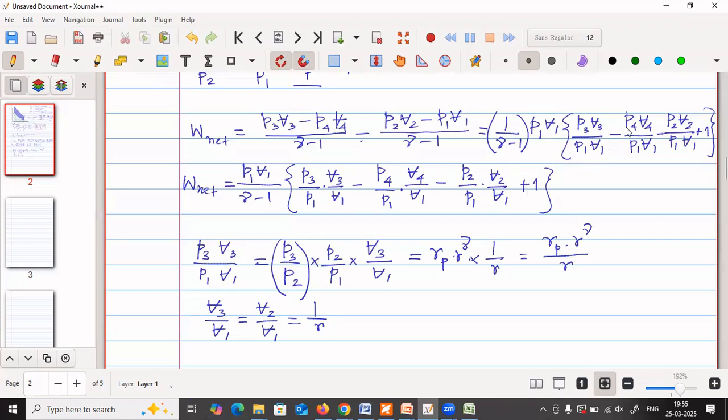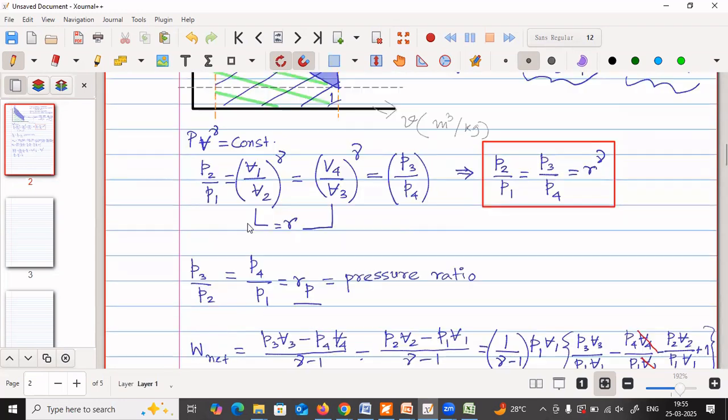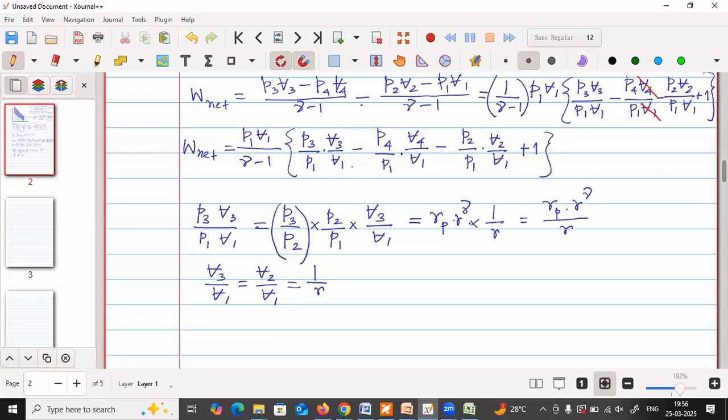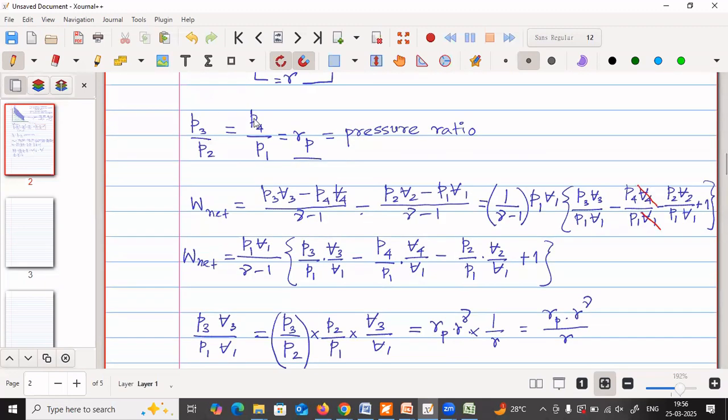And what is the second term? The second term, we see that V4 is cancelled with V1 because V4 is equal to V1, so they will cancel. And therefore, the second term will be P4 by P1. And what is P4 by P1?